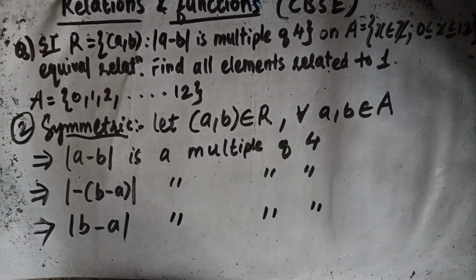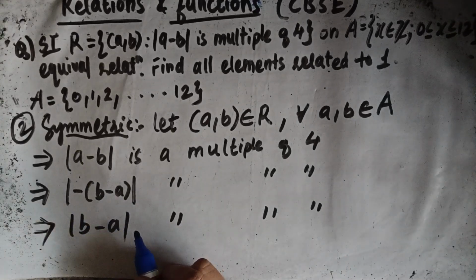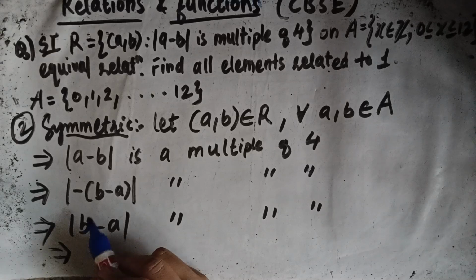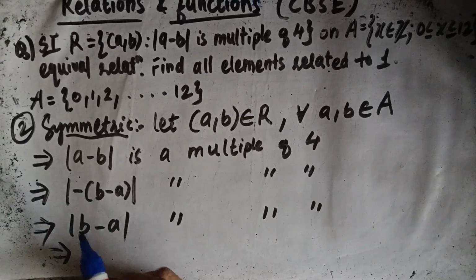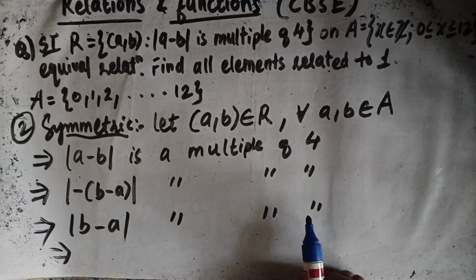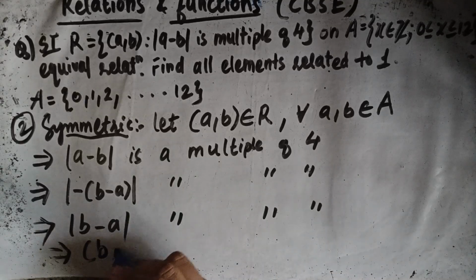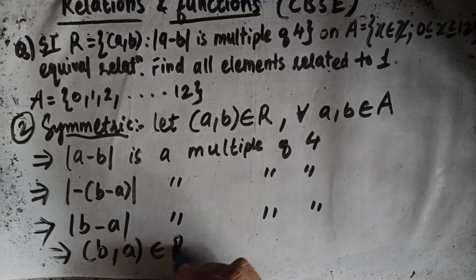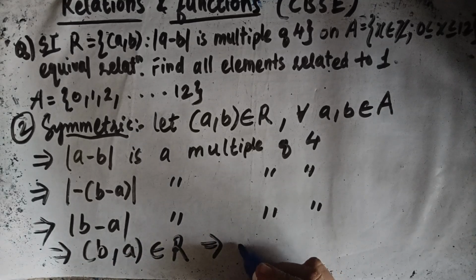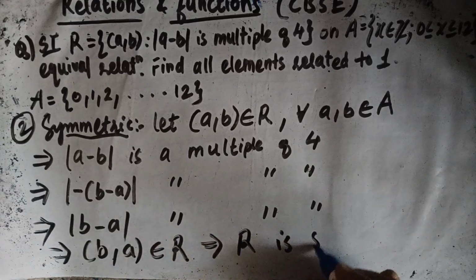There is a mod sign here, so we are taking the minus 1 outside. So B minus A is a multiple of 4, which implies (B, A) belongs to R. So we can say that R is symmetric.